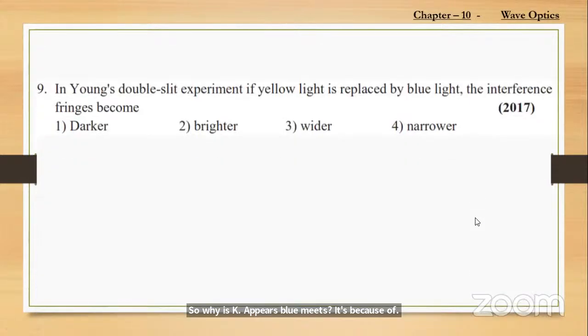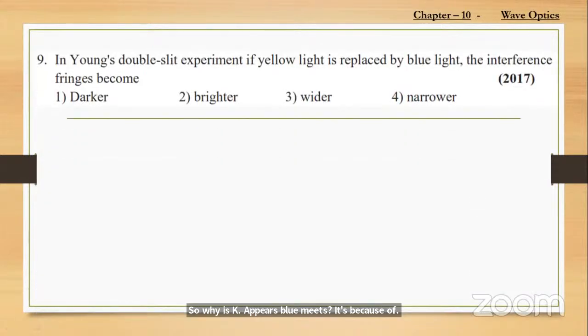Okay. Next one. In a Young's double slit experiment, if yellow light is replaced by blue light, the interference fringes become... See how wavelength depends. You know that fringe width beta is equal to lambda D by d.